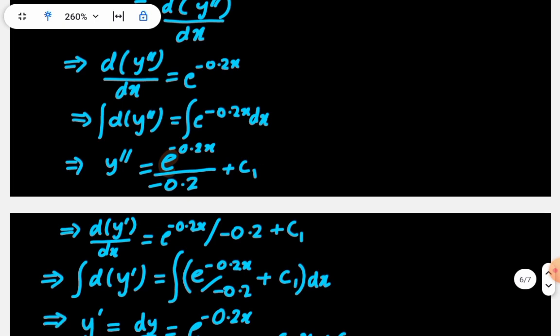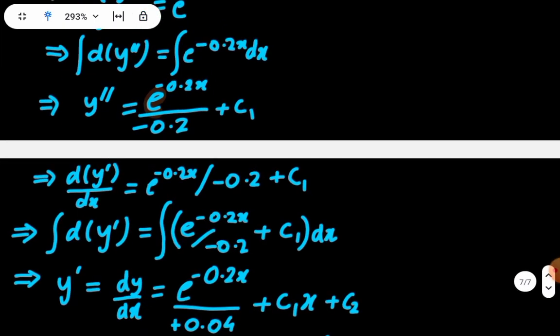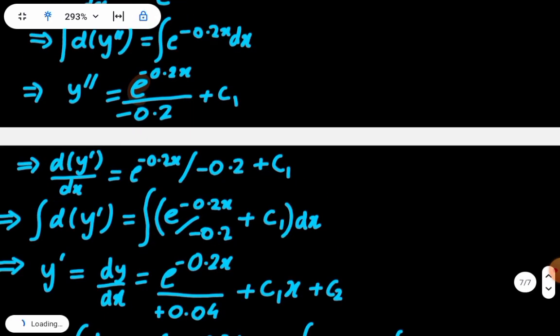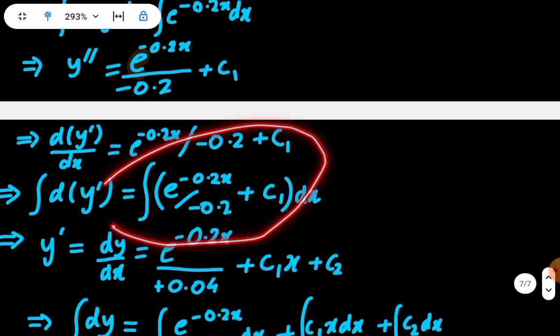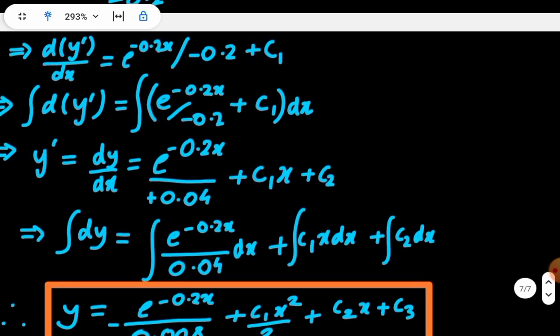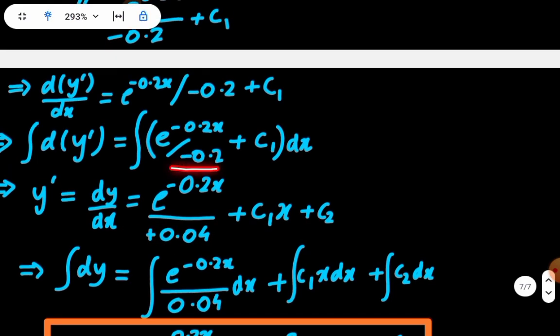And hence, looking at the next part, we again write y double prime as d by dx of y prime, right? Similarly, we again integrate it, and be careful, we need to integrate this c1 so that we get c1x, and in the second last expression we get c2, and this constant becomes plus 0.04, since minus 0.2 times minus 0.2 gives us plus 0.04.